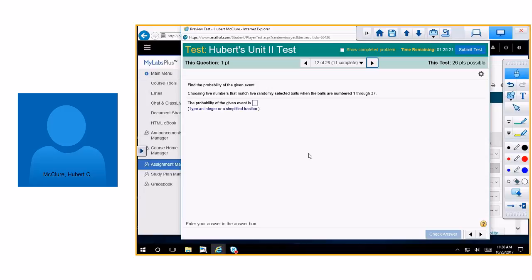Now, they say type as a fraction. This is where I'll be lenient because they're not saying that you're playing the lottery. So you don't have to buy a ticket. So they're probably just asking the probability. I don't know. This is very open. So I'm going to say 1 over 37 combination 5. So what is 37 combination 5?